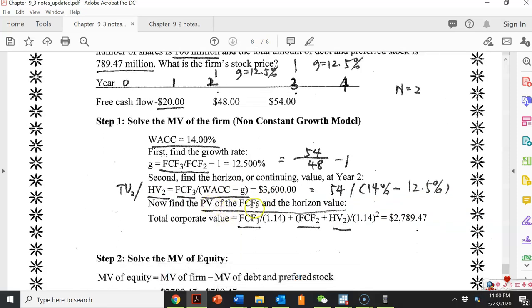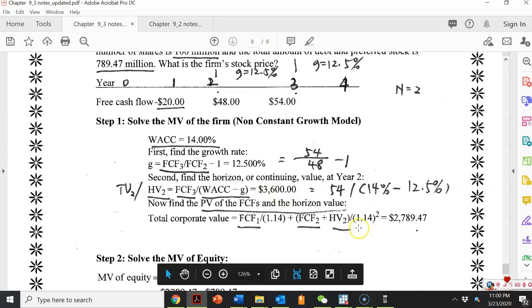The present value of the free cash flows in the first stage and the horizon value would be the total corporate value. And it's free cash flow 1 over 1 plus WACC, 1 plus 14%, plus free cash flow 2, 48, plus horizon value 2, 3600, divided by 1 plus 14% squared.